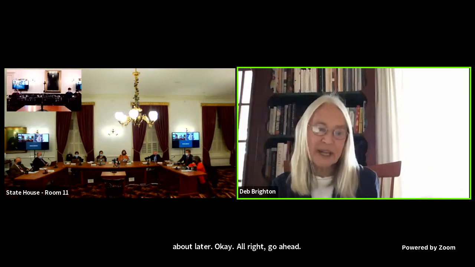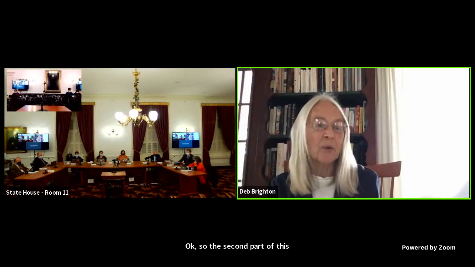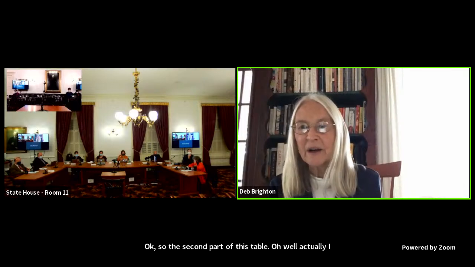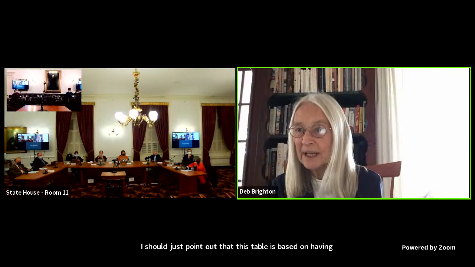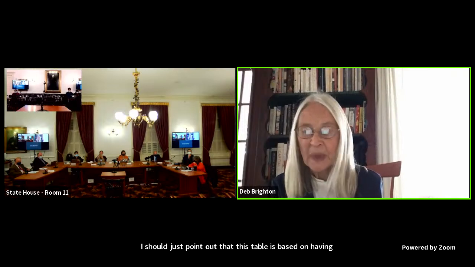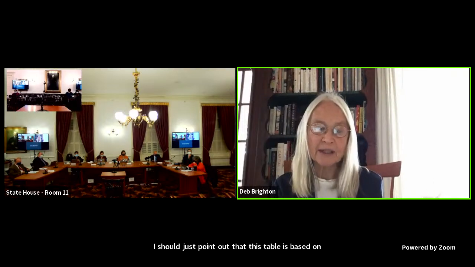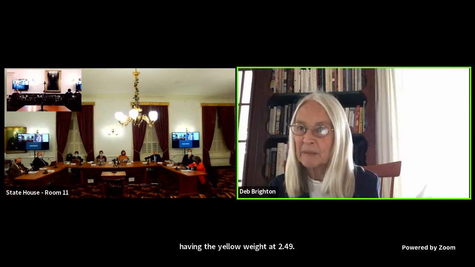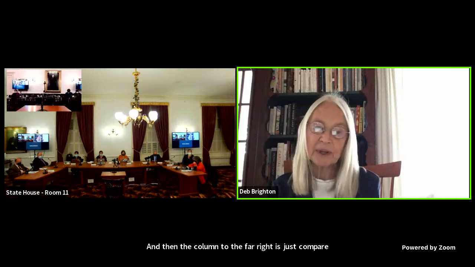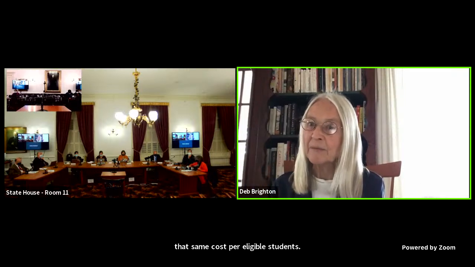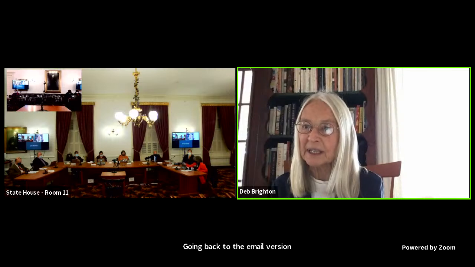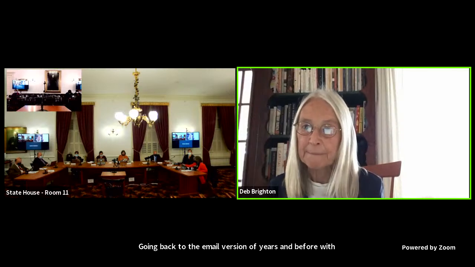Okay, so the second part of this table, well, actually, I should just point out that this table is based on having the ELL weight at 2.49. And then the column to the far right is just comparing that same cost per eligible student, going back to the ELL version that we were using before with ELL as a categorical grant.